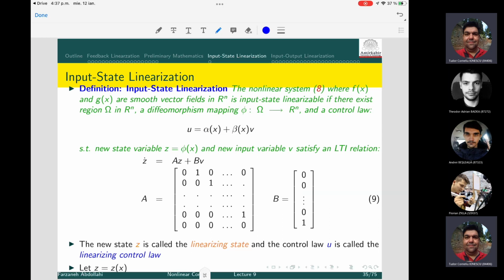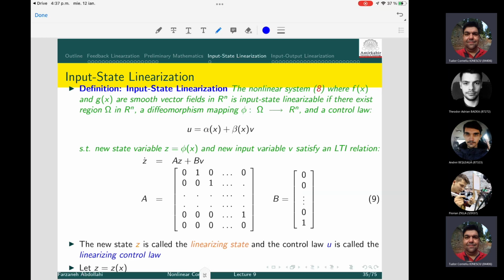Input to state linearization. The nonlinear system, where f and g are smooth vector fields, is input state linearizable if there exists a region omega in Rn and a diffeomorphism phi and the control law u equals alpha(x) plus beta(x)v such that the new state variable z equals phi(x) and the new input variable v satisfy this linear time invariant system.